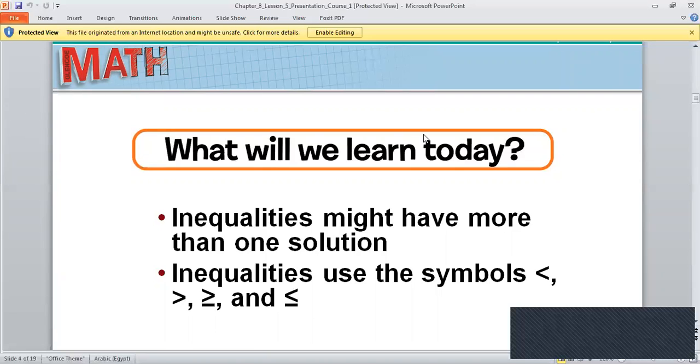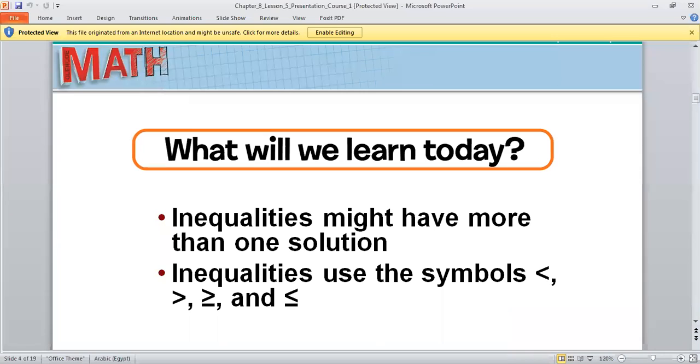Inequalities might have more than one solution. Inequalities use symbols. Less than. This one is less than, Turkey. Less than, greater than or equal, less than or equal.